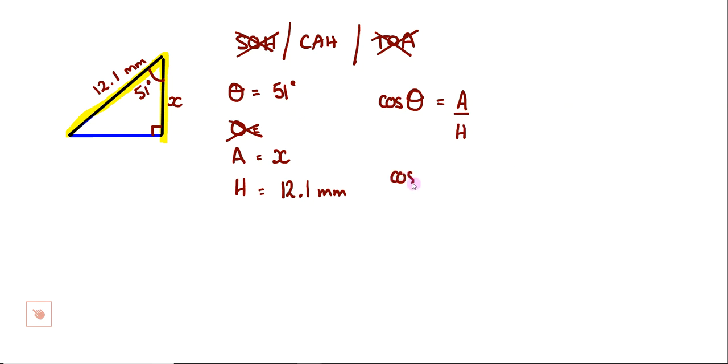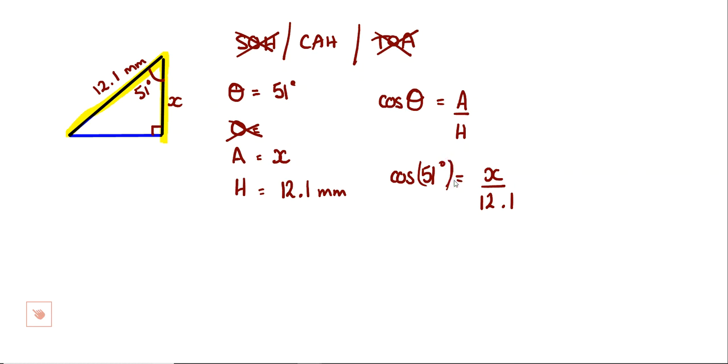So I've got the cosine of 51 degrees is equal to x divided by 12.1. Now, one thing to say. Cos of 51, I'll put a little set of brackets in there.